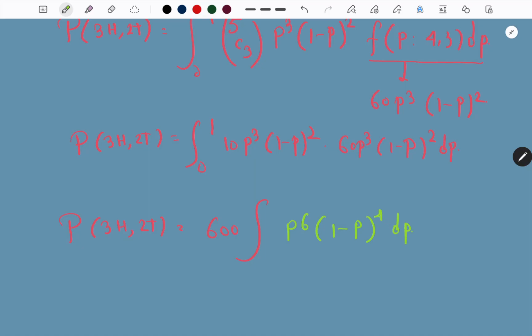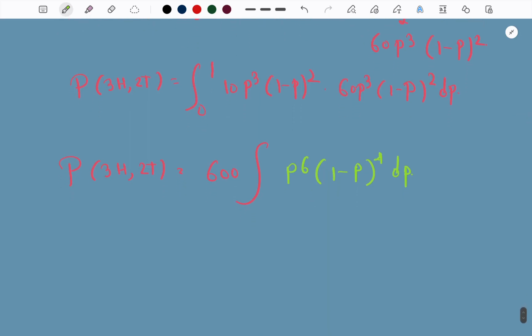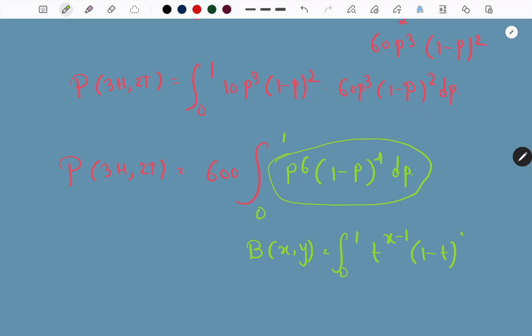Now we also need to evaluate the integral. So how do we evaluate it? This ranges from 0 to 1. Doesn't it look like some beta function? Now what was the beta function? Remember, the beta function of x comma y was the integral from 0 to 1 of t to the power x minus 1 (1 minus t) to the power y minus 1 dt.